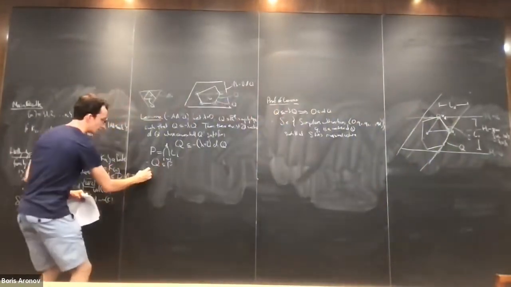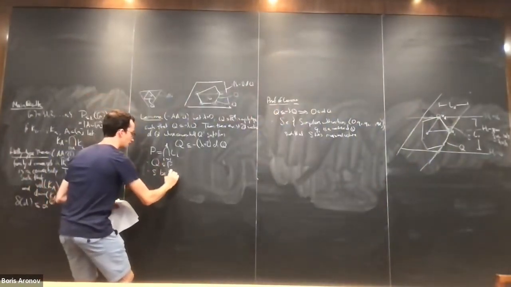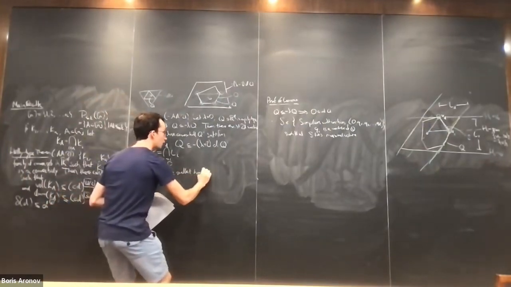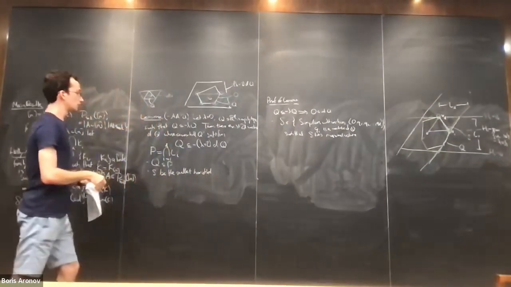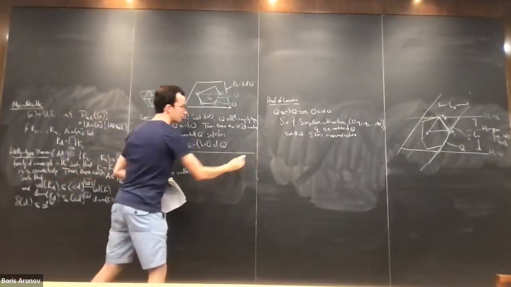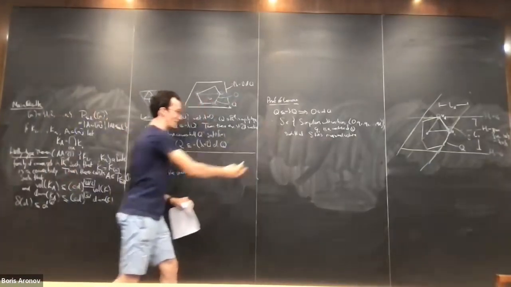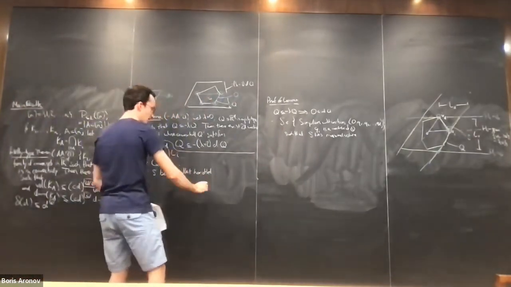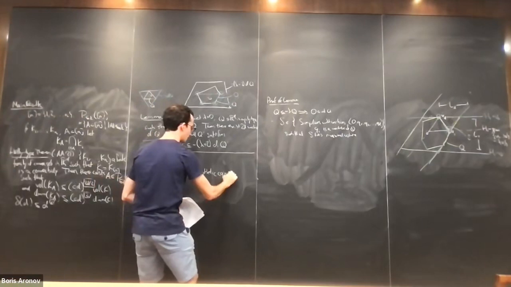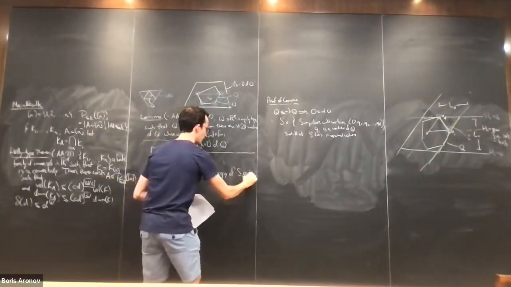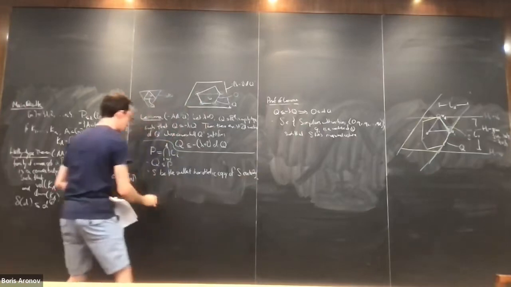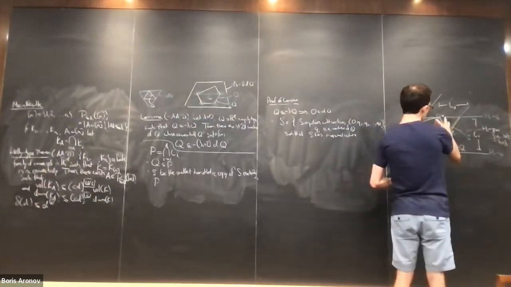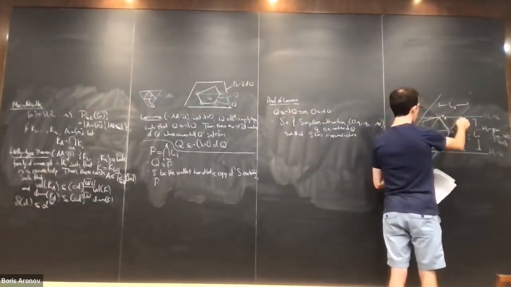So we let S prime be the smallest homothetic copy. Oops, I realized I jumped logic, but we're here and then we moved over here. Okay. S prime is the smallest homothetic copy of S containing P. So in this case, S will be translated from the origin to this point here.